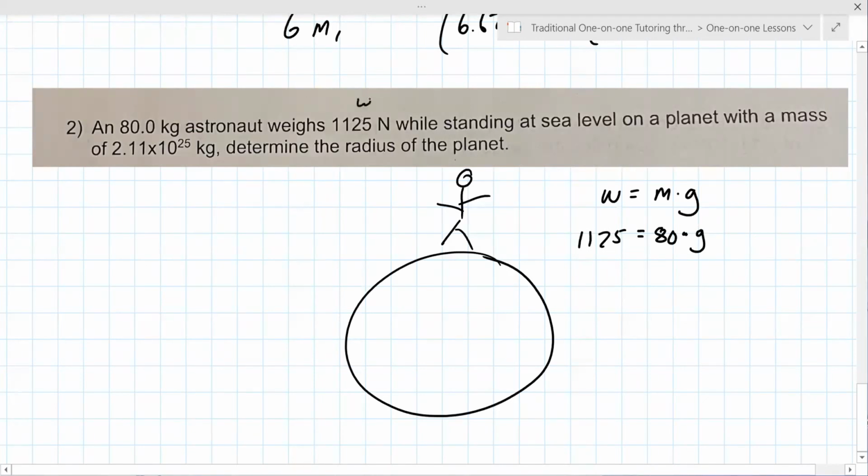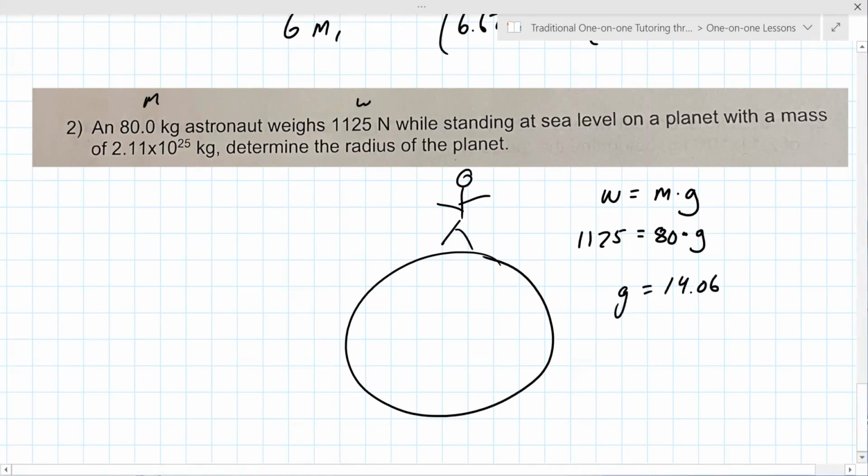They give you weight and they give you mass. So let's calculate that number. 1.125 divided by 80. So I get 14.06.